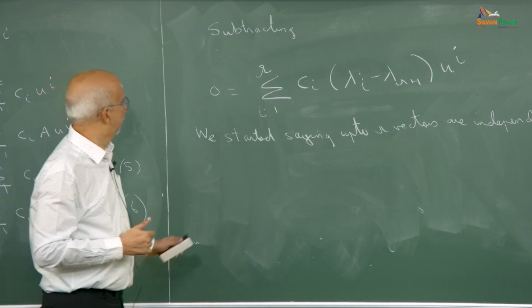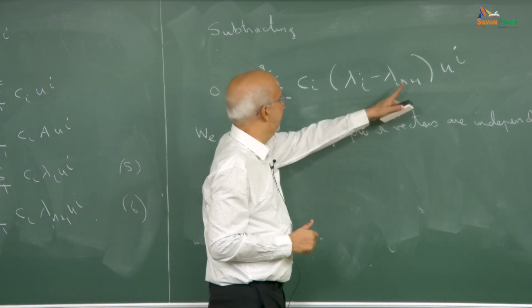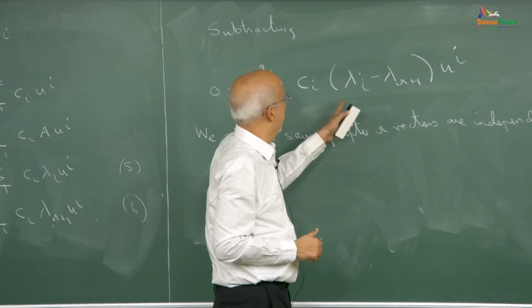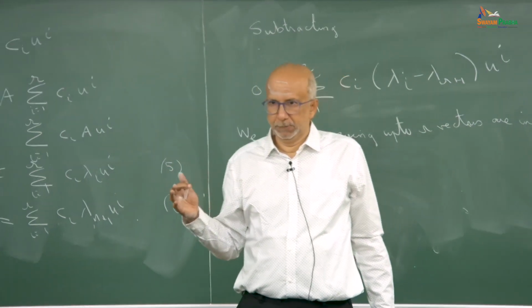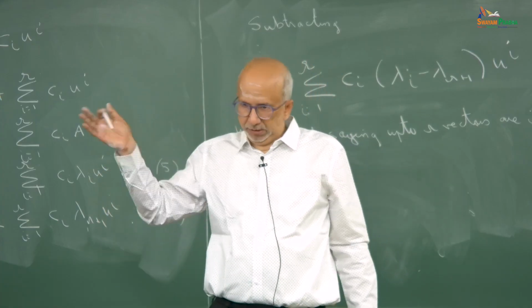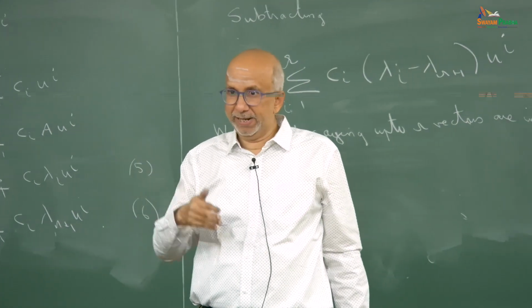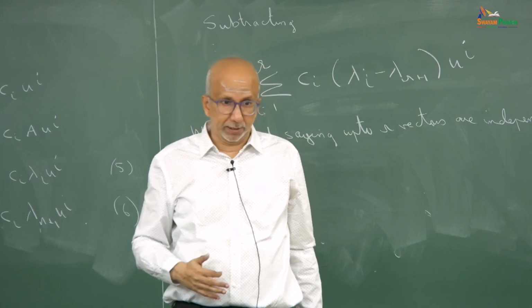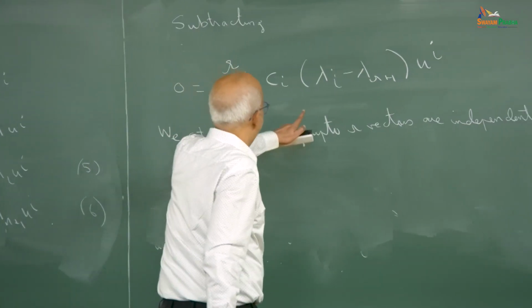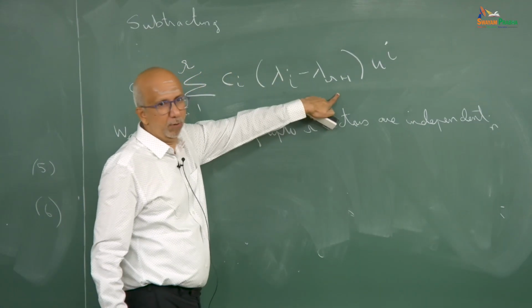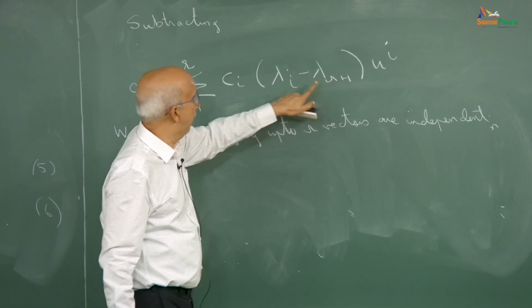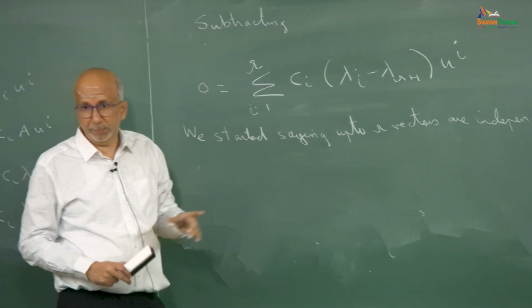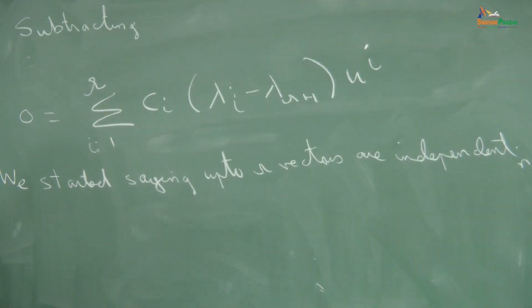Now you see that this lambda i is not equal to lambda r plus 1. The lambda r plus 1 is after the first r. Lambda i, with i going from 1 through r, so lambda 1 minus lambda r plus 1, lambda 2 minus this. So this is not going to be 0. In order for this to be an independent set, only the trivial relationship has to be satisfied.